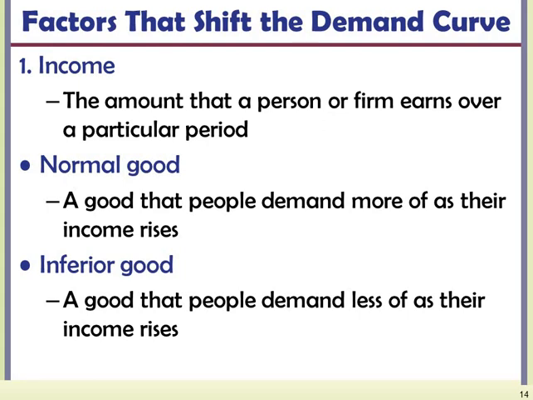However, nagkakaroon din tayo ng inferior good. Paano po ito nangyayari? A good that people demand less of as their income rises. Example natin yun. Sabihin natin na you still love milk tea, meron ka pa rin demand sa milk tea. Nung 100 pesos yung pera mo, meron naman talaga.